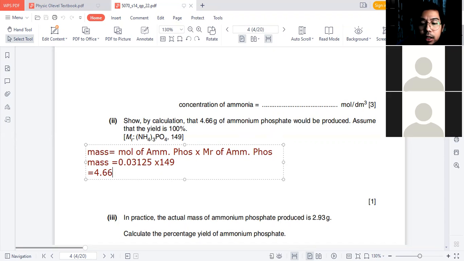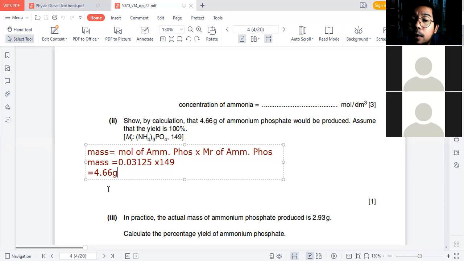4.66 gram. That was 3 significant figures. Now here, this assumes 100% yield. But if the question mentions that the percentage yield is only 70%, then you have to multiply the mass that you calculated by 70%.